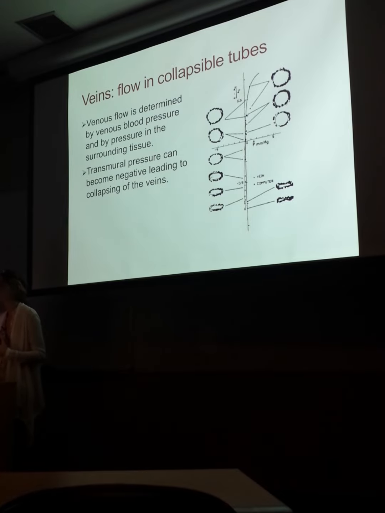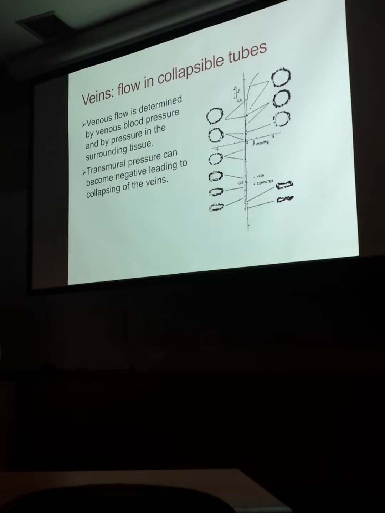So this is something that's not captured in the simple law, but here this is a model where it tries to capture how venous flow relies on venous pressure, and how the wall pressure can get into a regime where it can be negative wall pressure and the vein can start to collapse in on itself. That is why I said in the beginning we're really going to think more about arterioles instead of veins as an ideal case for talking about Poiseuille's law relationships.